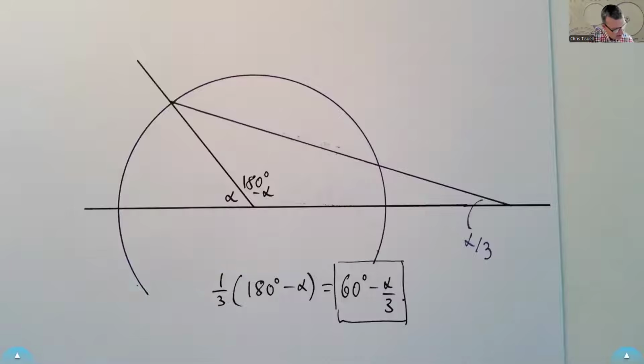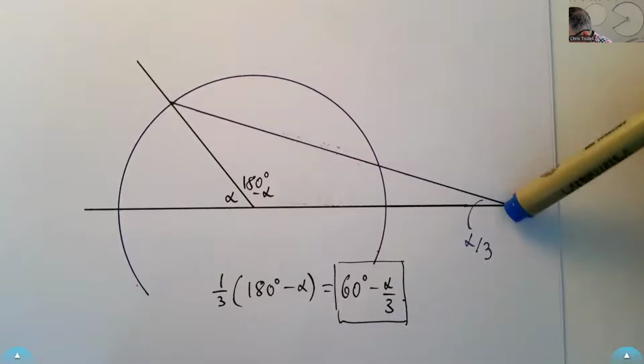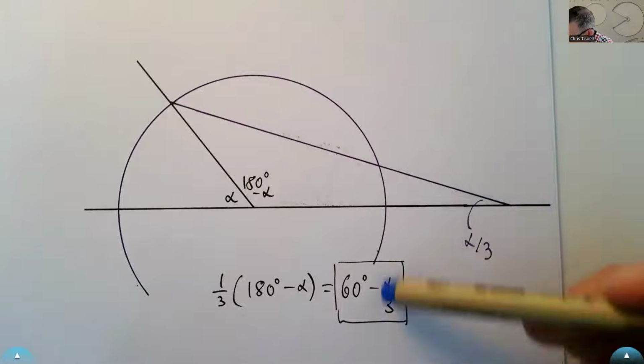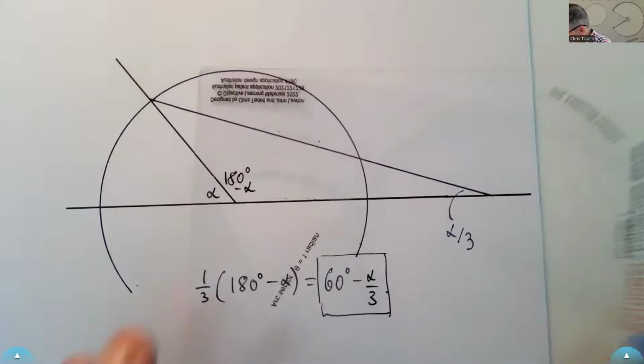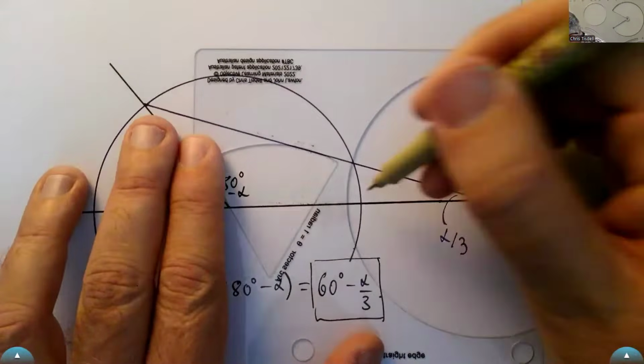So let's construct an equilateral triangle in a suitable spot. I'll use blue. If I can have an angle here, say 60 degrees, then the difference is going to be exactly that. So let's just refresh our memory on how you construct an angle of 60 degrees.